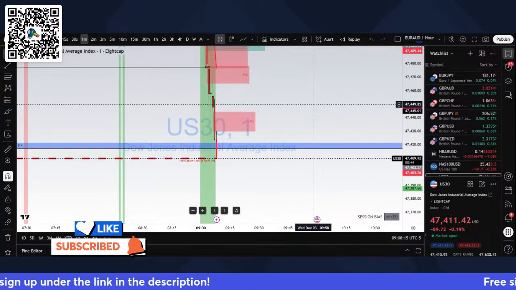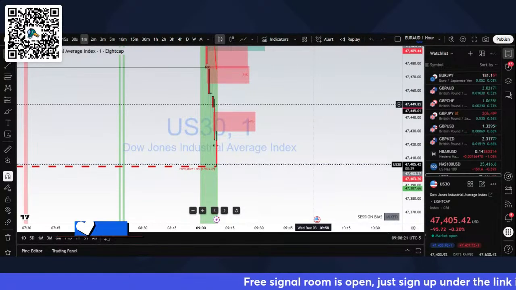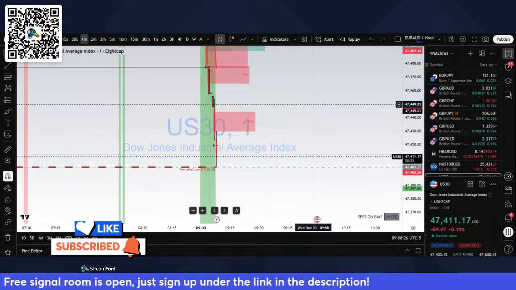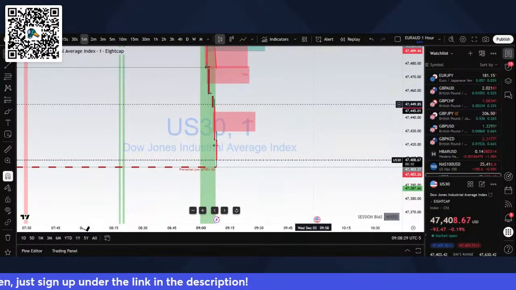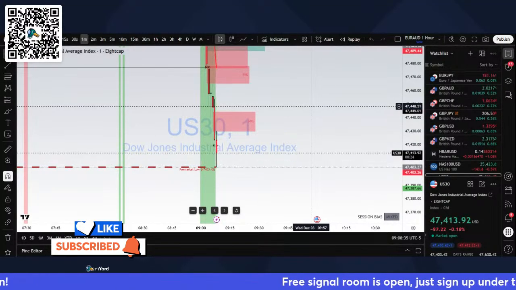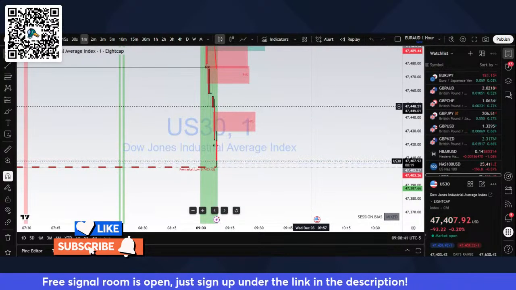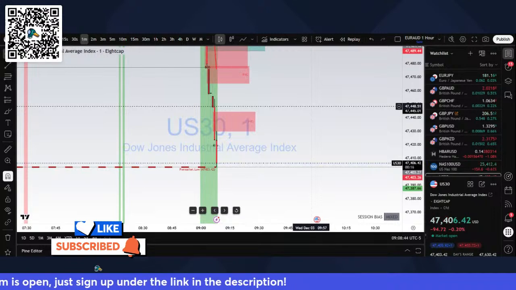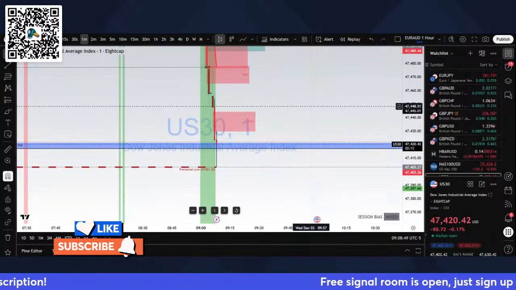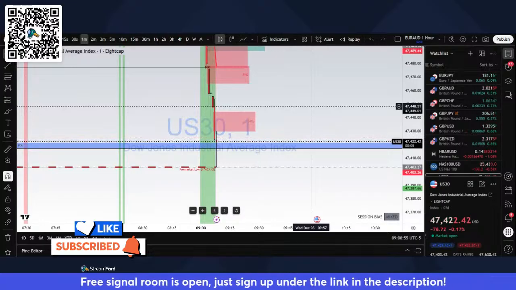Yeah, we picked the wrong way today. I think we might reverse here.